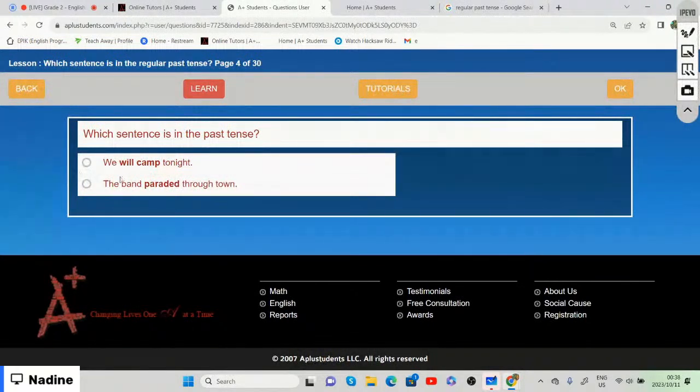So we need to select the past tense. Do we say it is we will camp tonight? Or the band paraded through town?